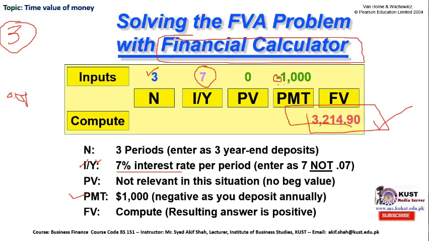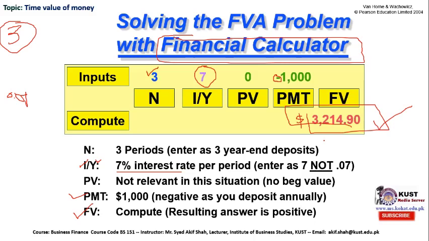And finally FV represents computing the future value. You can press the enter button and the resultant value will give you $3,214.90 as the future value of this ordinary annuity.